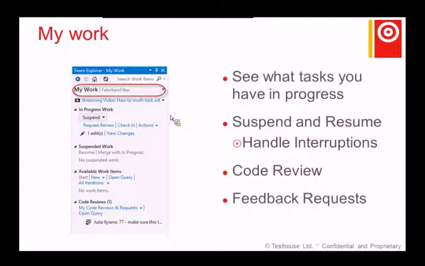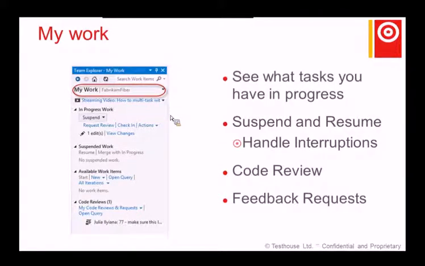If you get interrupted by a higher priority piece of work than you're working on at the moment, you can suspend whatever you're working on at the present time, and the system will change that into a shelf set and put it on the code control system, and then you can go and do the work you've been asked to do.